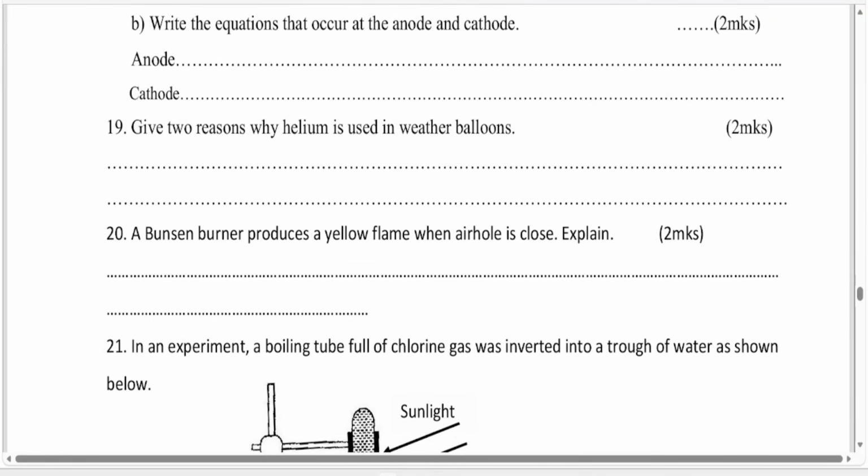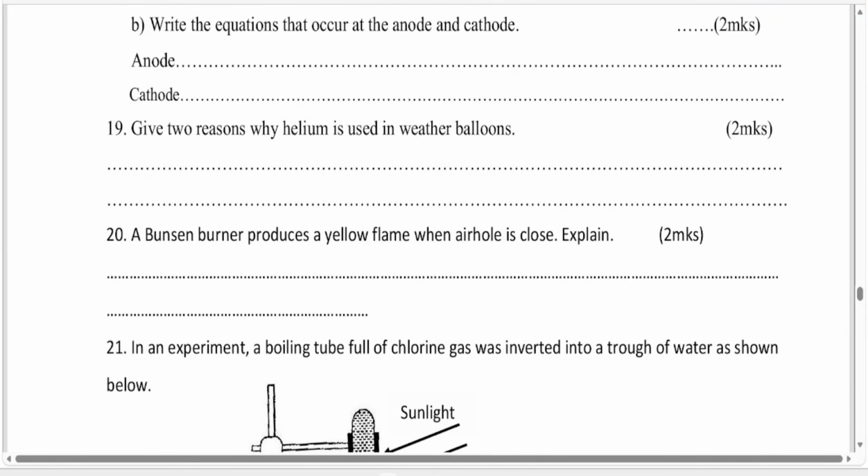Part B of this question. Write the equations that occur at the anode and cathode. How do we write equations at the cathode and anode? When writing these equations, it's good that we start with the equation at the anode. At the anode, we have chloride ions being discharged at the expense of hydroxyl ions because of their high concentration.